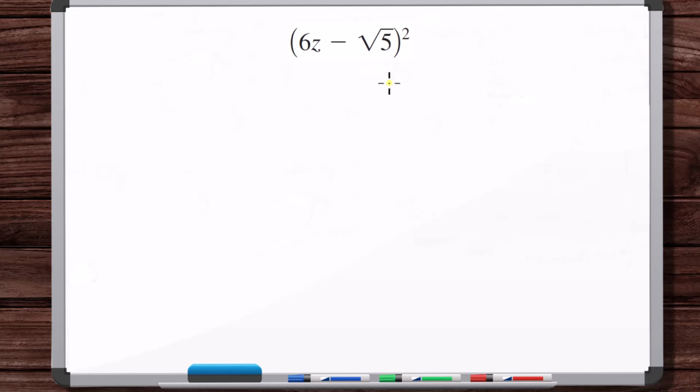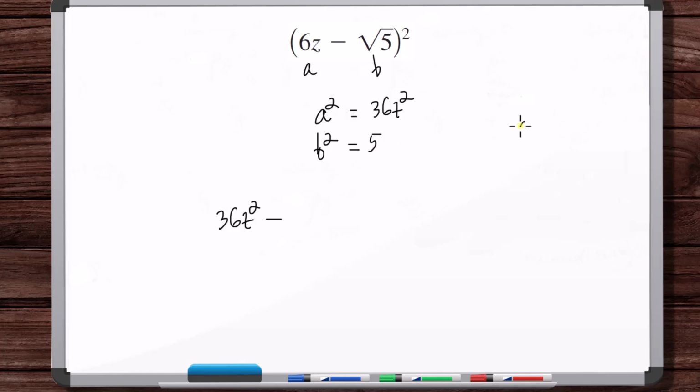You could just write this out and distribute it. But if this is A and this is B, then A squared is 36z squared, and B squared is 5. So the perfect square trinomial with a minus, like A minus B squared, is going to be A squared minus 2 times A times B. So 36 times 2 is 72.